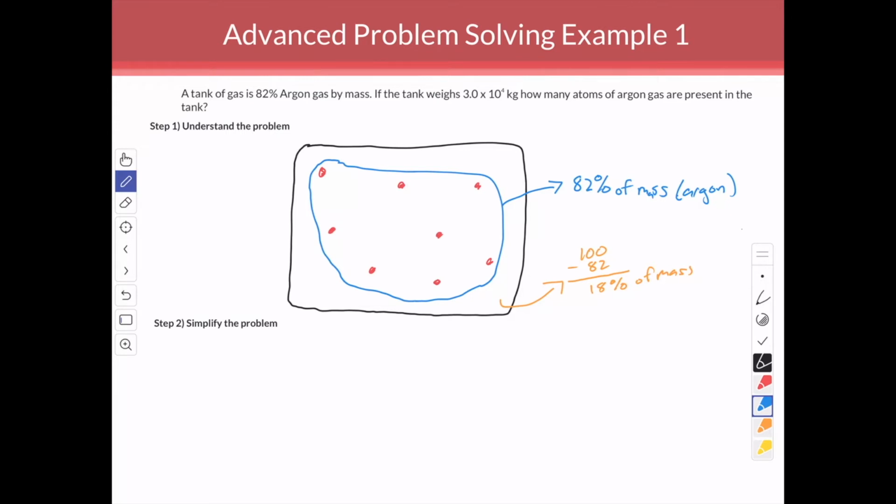And what we want to know is how many atoms is this? That helps me understand the problem better, personally. You're going to find different strategies that are going to help you understand the problem. Okay? And we can talk more about that as we do more examples.